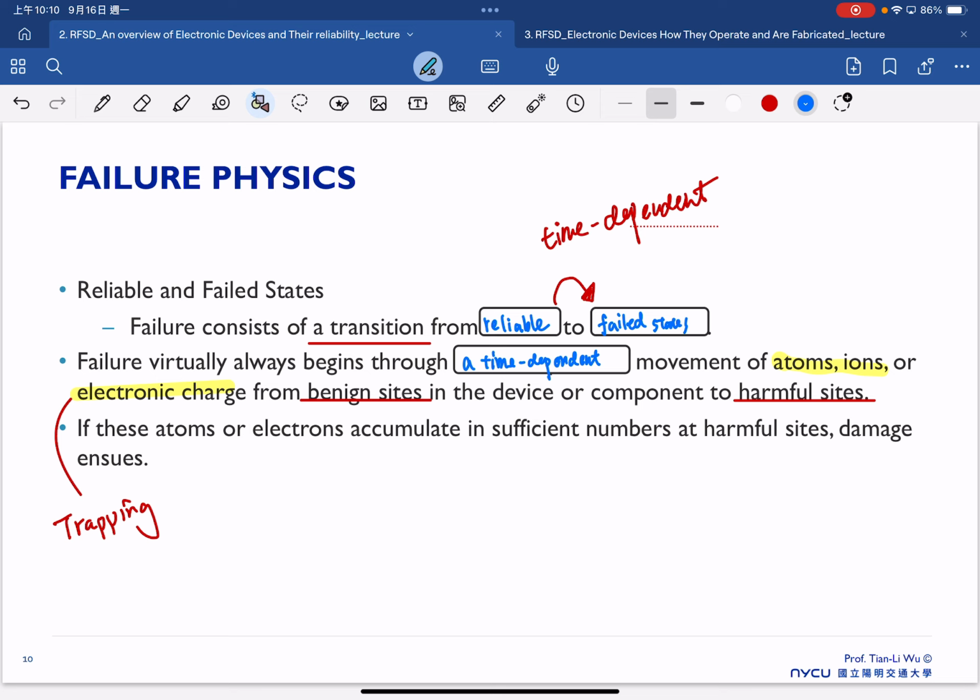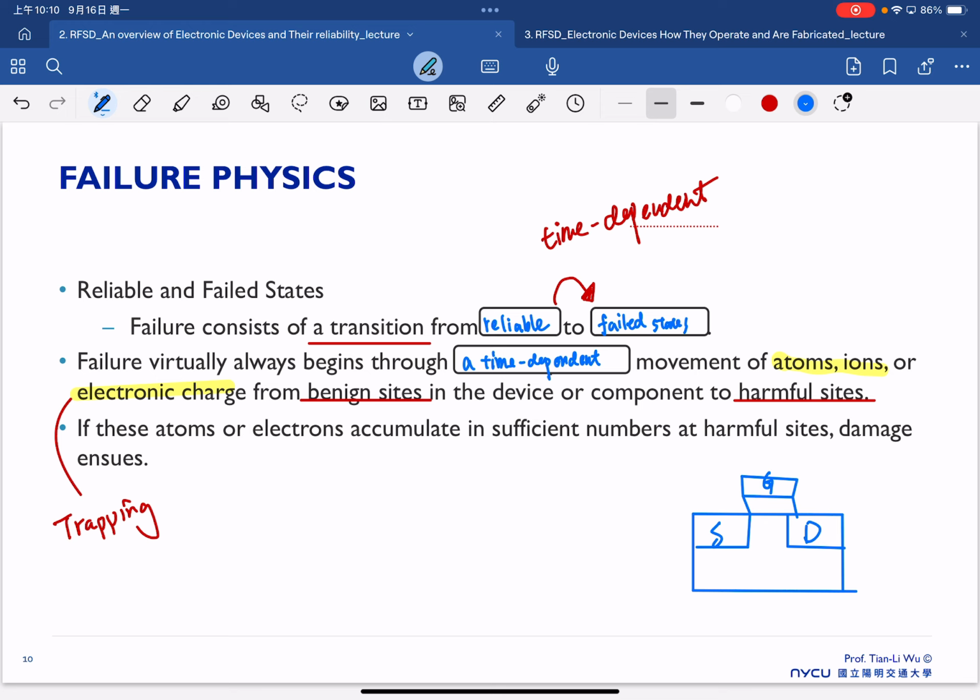For example, we have the typical source, drain, and on top of this dielectric, we have the gate. So we have a source, drain, and the gate here.